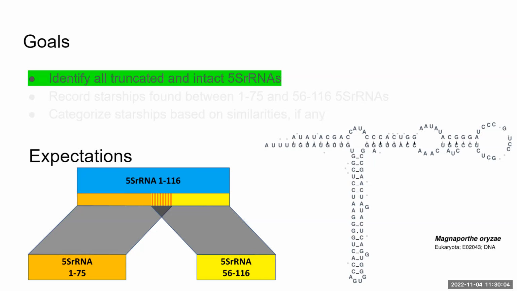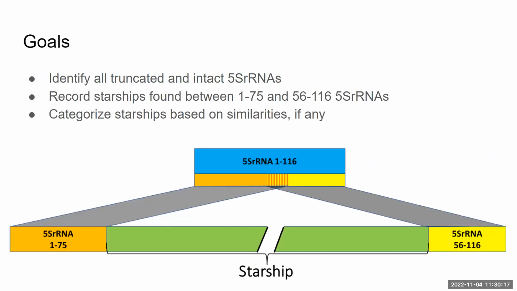And what's interesting about this split is you notice the 75 and the 56 coordinates overlap. So we get this direct repeat that is present on both ends. So, going back, if we see that the starship is in between these, our first goal was to find where the 5S's are. That way we can predict where all the starships are in between.